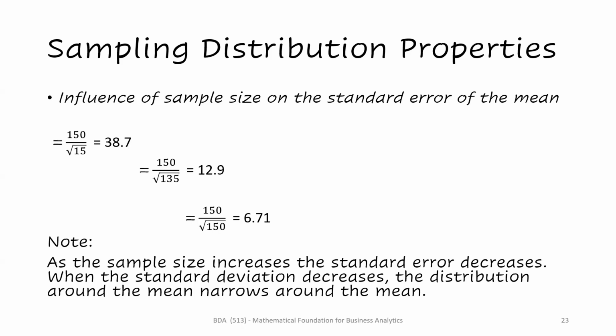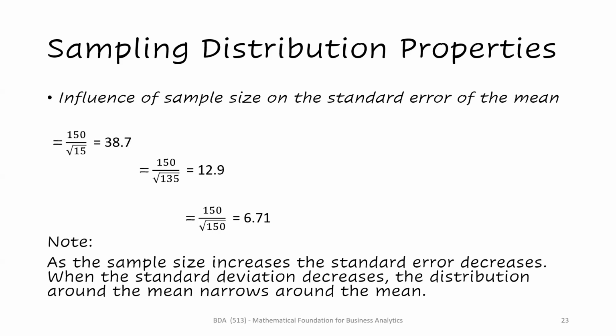So here we are talking about sample size. You are on the same track, but the slight correction I'm making is that it's not the number of samples. We are looking at the sample size.